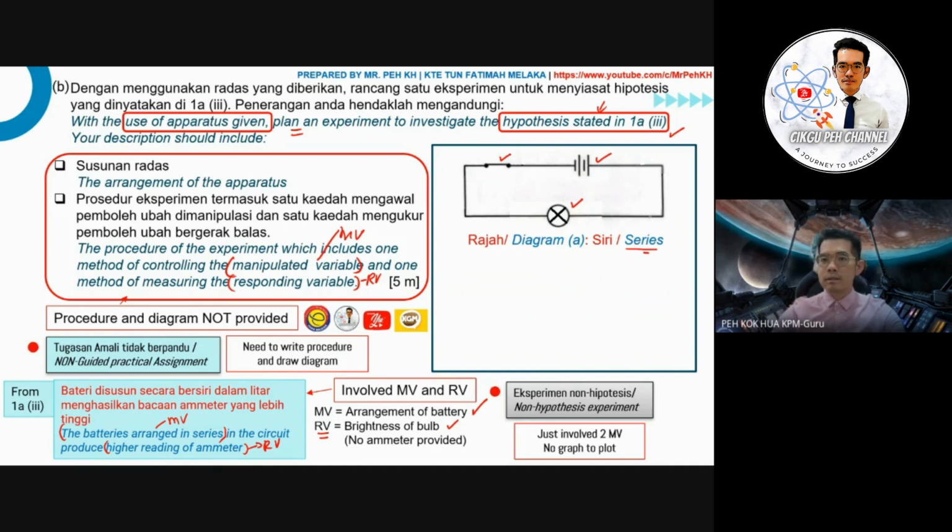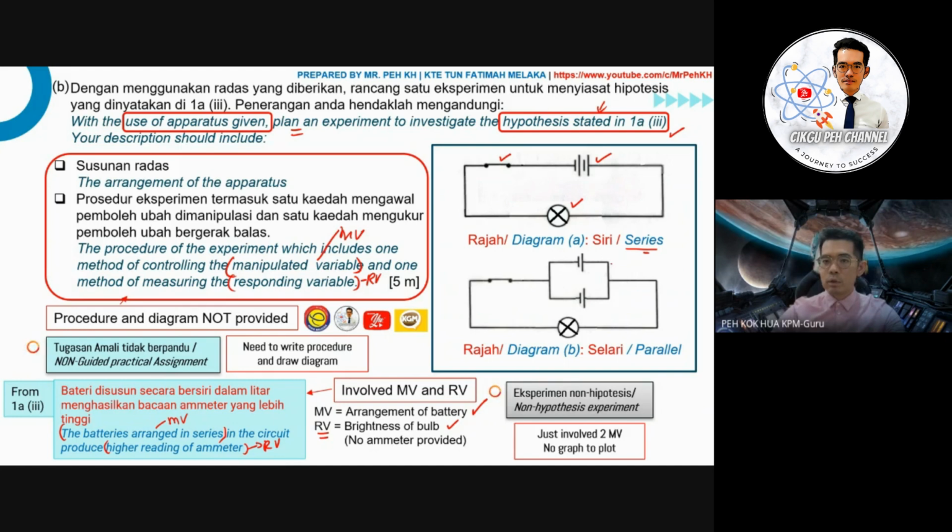This is the arrangement of the dry cell or battery in series. Then the second diagram will be like this. You are provided 2 battery holders, so it is for you to conduct the experiment to study the effect of the dry cells in parallel on the brightness of the bulb here. So you can draw your diagram in schematic form.